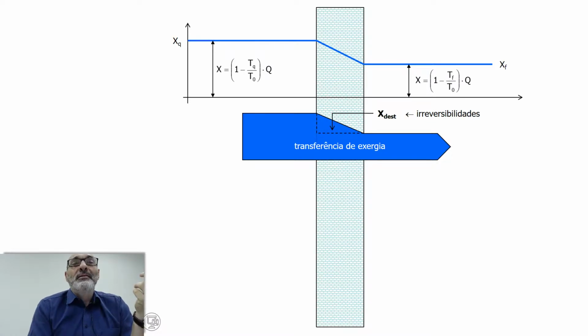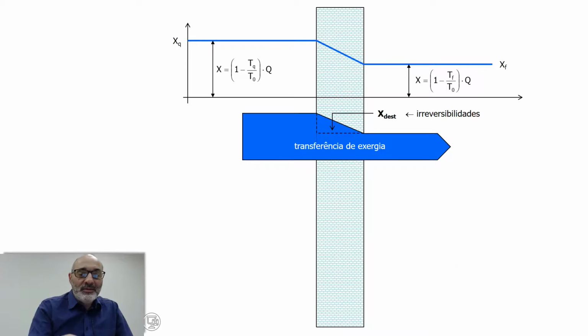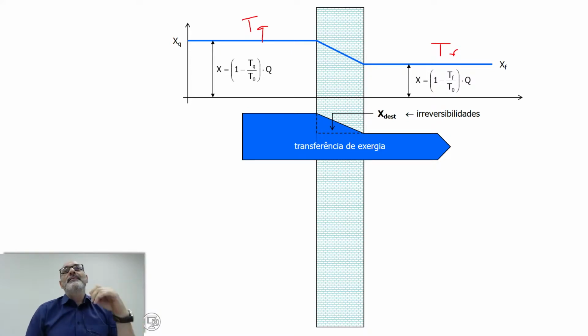You can ask yourself, but it's the same amount of heat. How can the same amount of heat carry different contents of Exergy? The answer is because the temperature is different. Here is TF and here is TQ. And that's the same question I asked you. What do you prefer in order to generate energy?